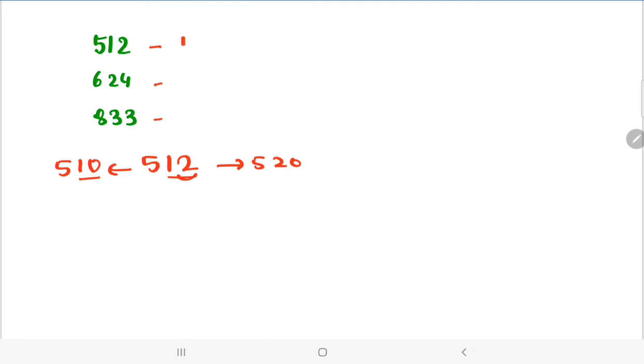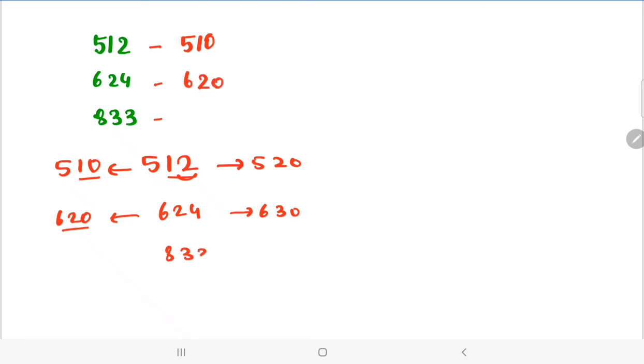So we should write 510 here if you want to round it off to the nearest tens. Okay? If you have 624, is it near to 620 or is it near to 630? It is near to 620. We have to write 620.